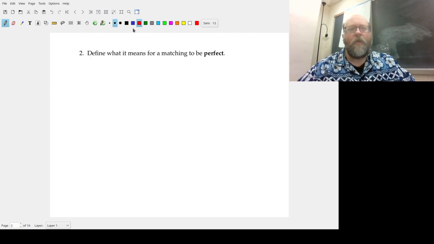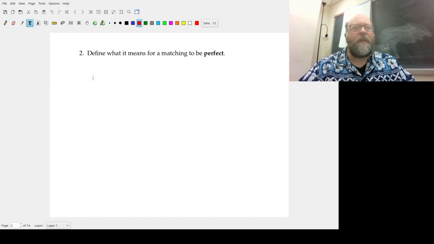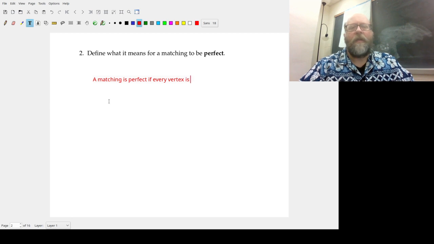All right. What does it mean for a matching to be perfect? Oh, let's make that bigger. A matching is perfect if every vertex is incident with one edge of the matching.